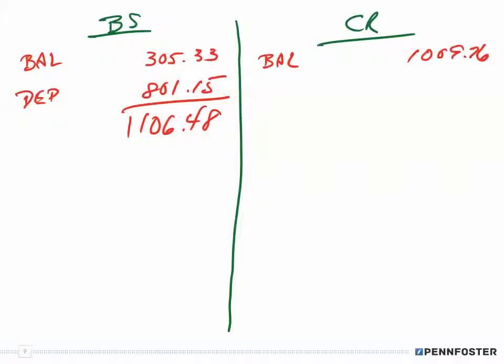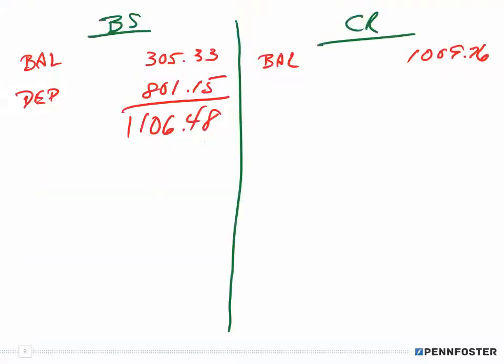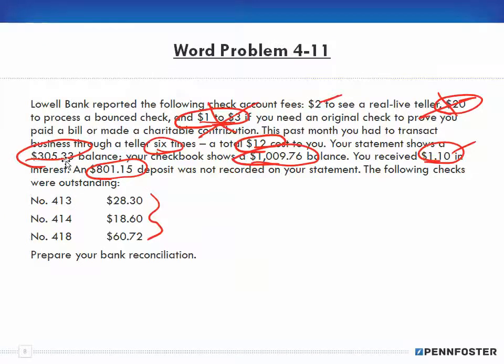But on our bank side, the only thing that we have left really is outstanding checks: 413, 414, and 418. They're in the amounts of $28.30, $18.60, and $60.72.